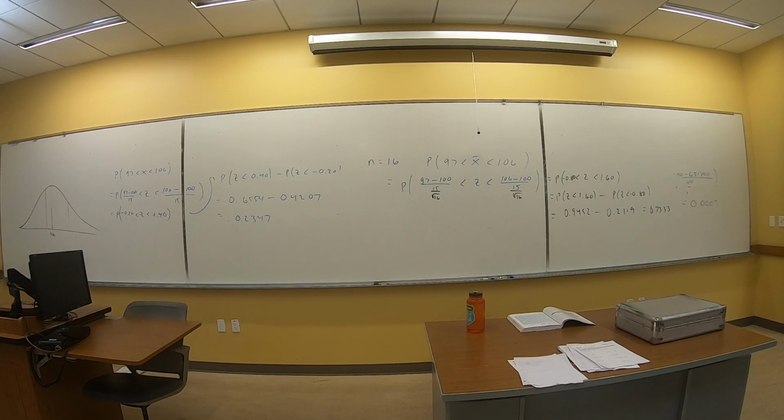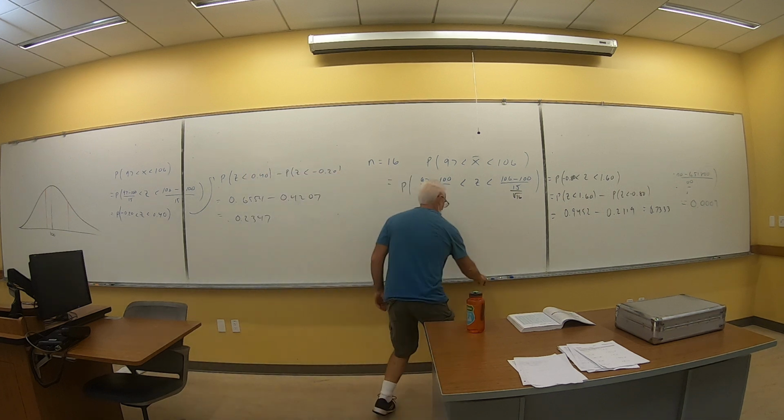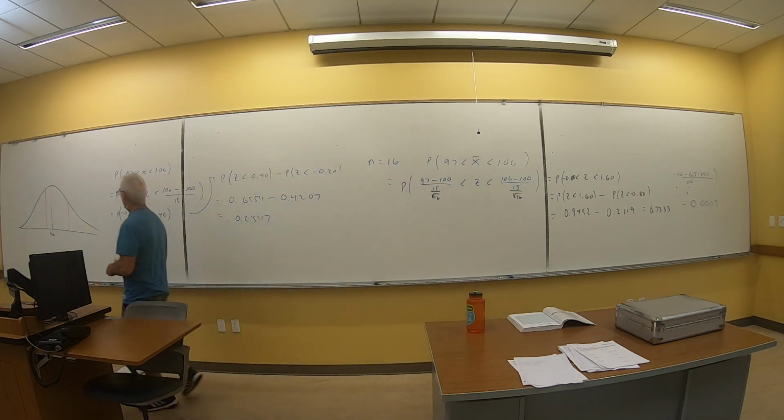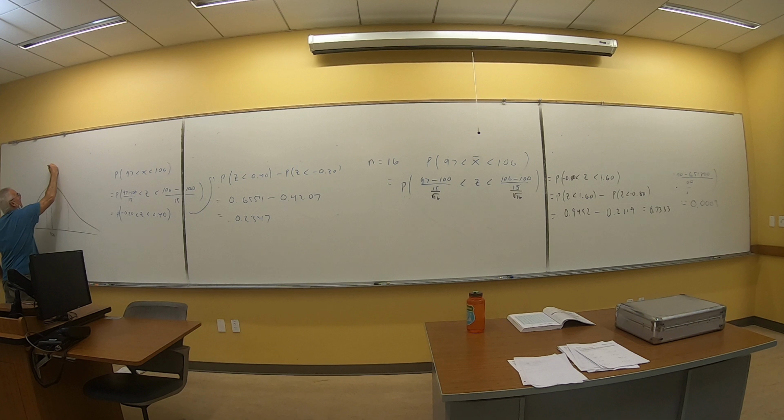Now, I have a sample of size 16. Before, the area was under the black, but now there's way more area because this curve is much less spread.